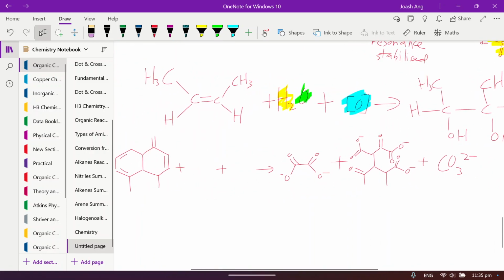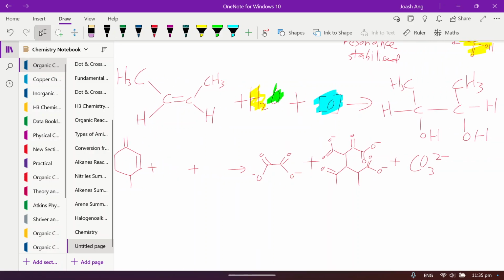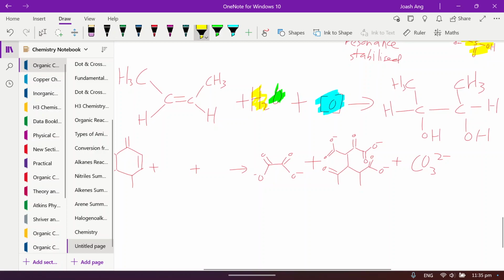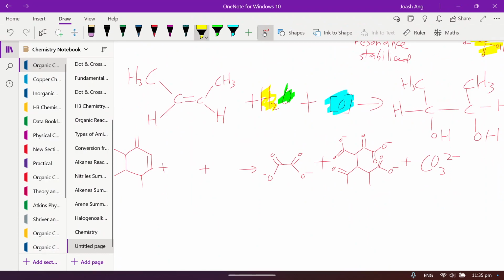So given this information right here, we will count the number of carbons. So 1, 2, 3, 4, 5, 6, 7, 8, 9, 10, 11, 12, 13. And then we'll count here. 1, 2, 3, 4, 5, 6, 7, 8, 9, 10, 11, 12, 13.